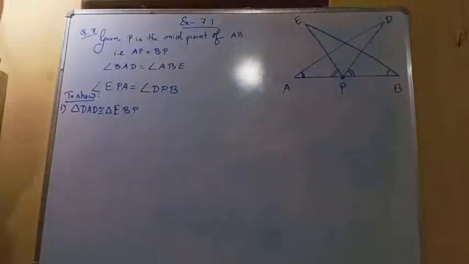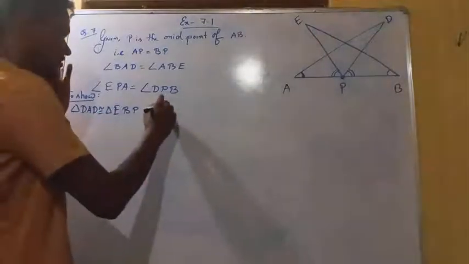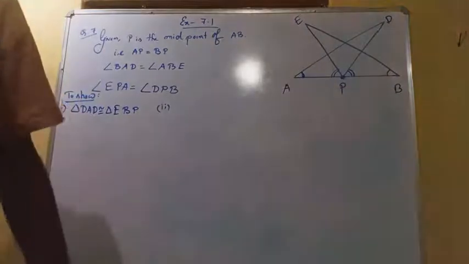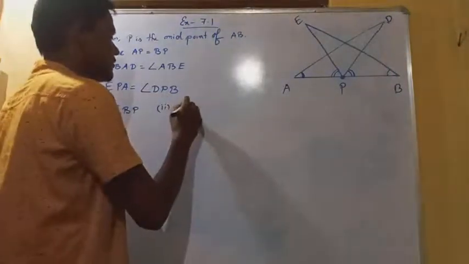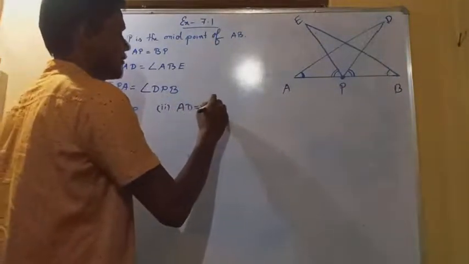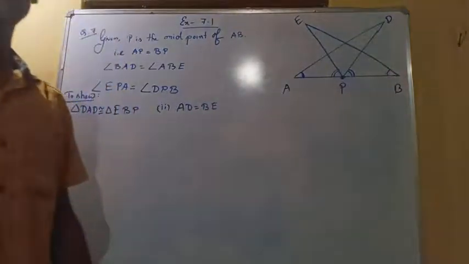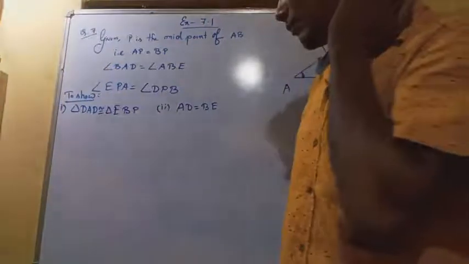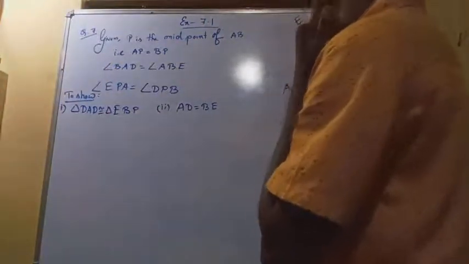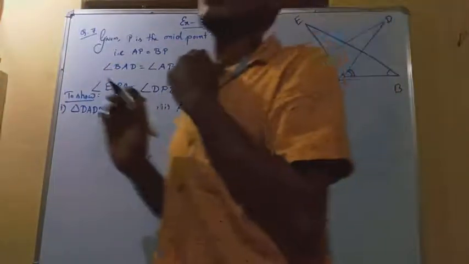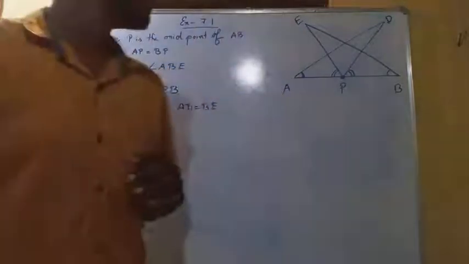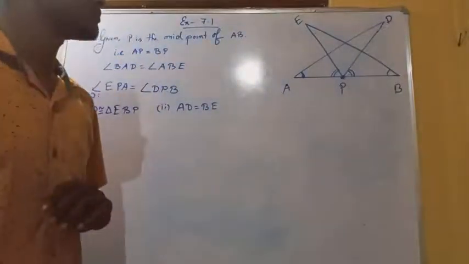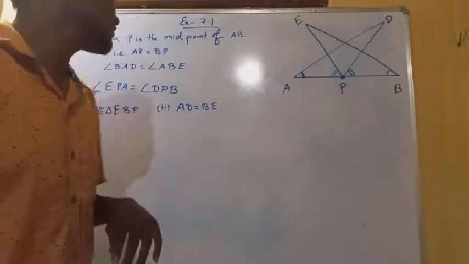Both the triangles are congruent. Number 2, we are supposed to show that AD is equal to BE. As I told you earlier, this question is similar to question number 6, where, for making the complete angle, we added equals on both sides. This question is also similar to it.